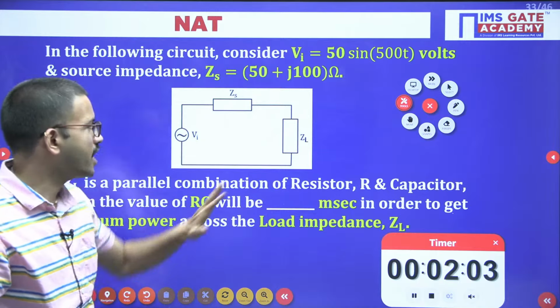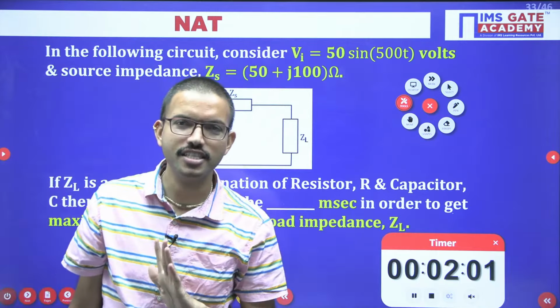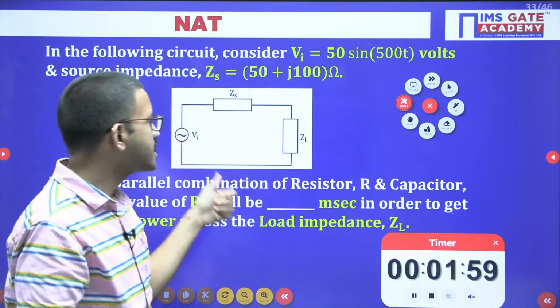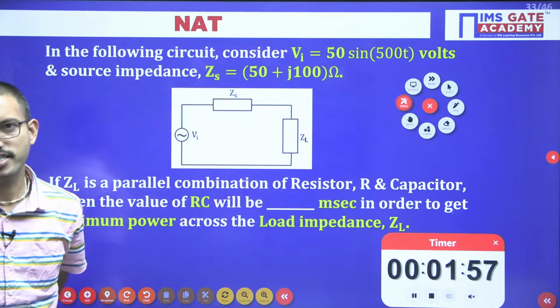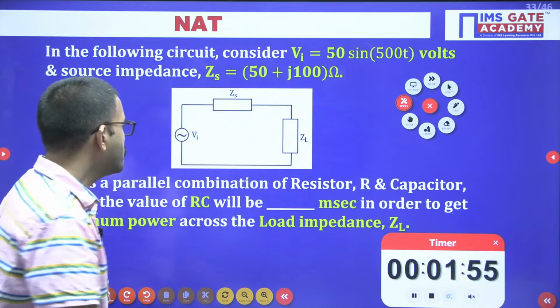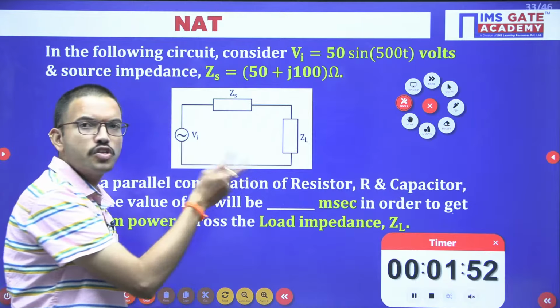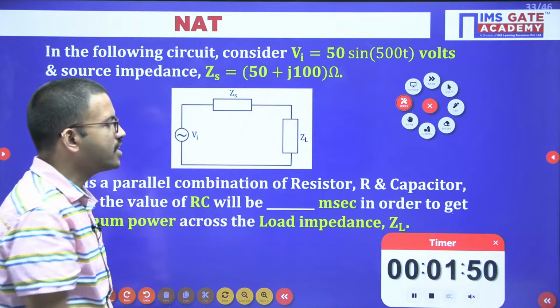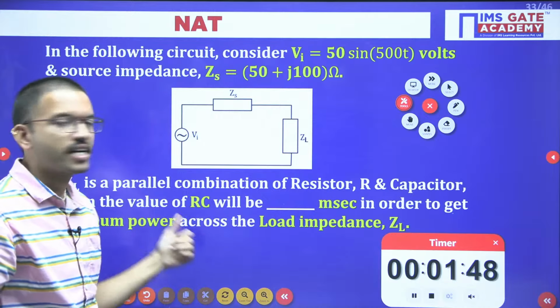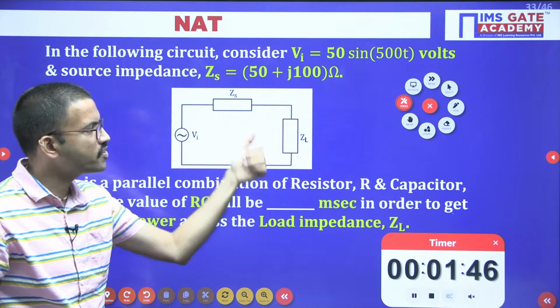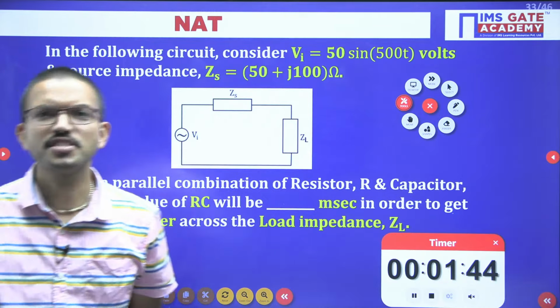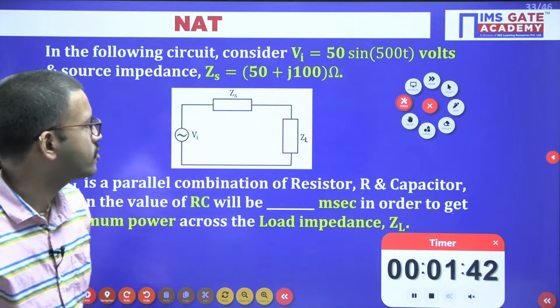See the beauty of this question. They haven't mentioned the R value, they haven't mentioned the C value, and we are asking for the product of R and C. But you can get this value even if you don't know R and C, because here we have mentioned one condition: in order to get maximum power across the load impedance. This is a very beautiful question. All of you give it a try.